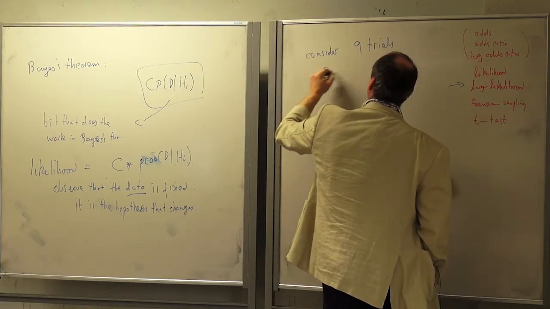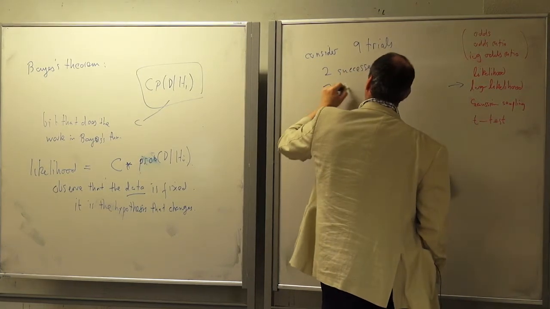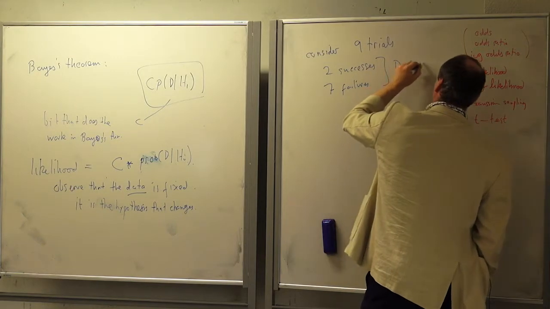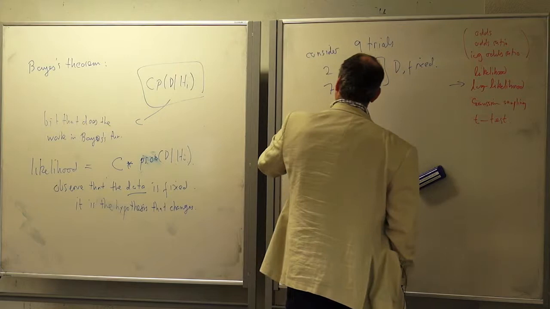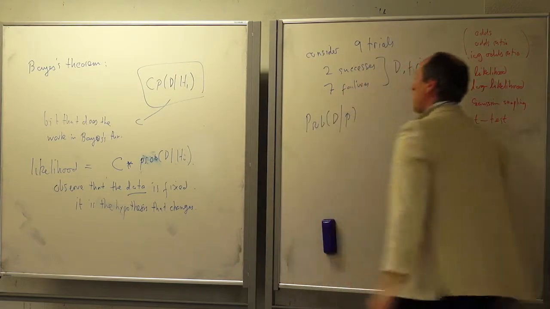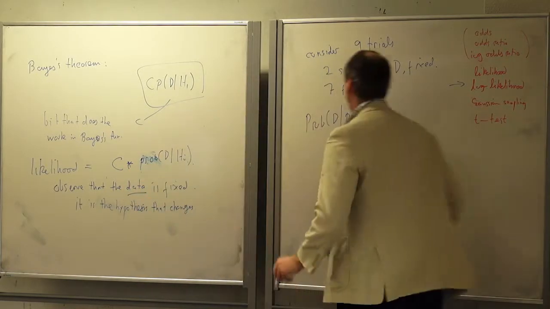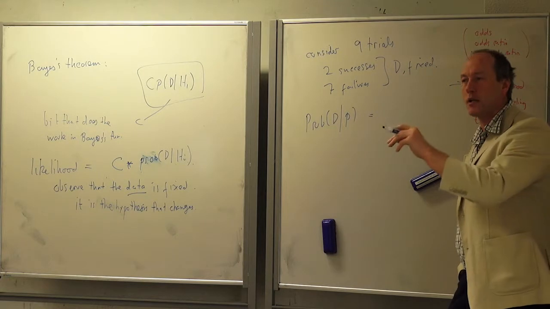We have 2 successes and 7 failures. That's D, which is now fixed. So the probability of data given P for the probability of success, which is my likelihood here. I haven't put the constant in. I'll put that in a minute. The reason I'm going through this is that lots of people separately yesterday asked me about this.